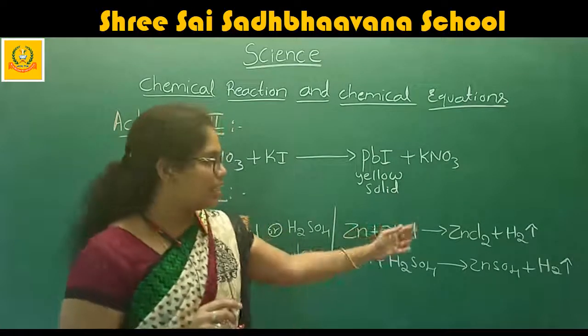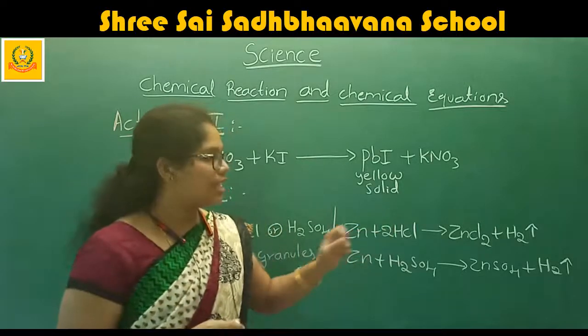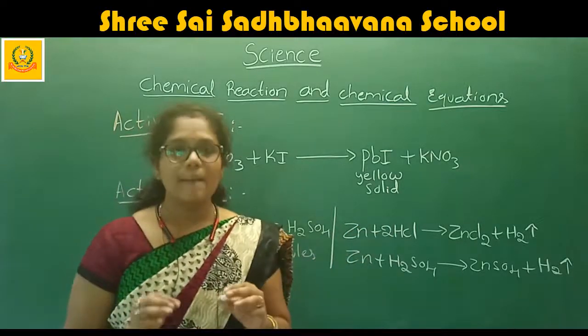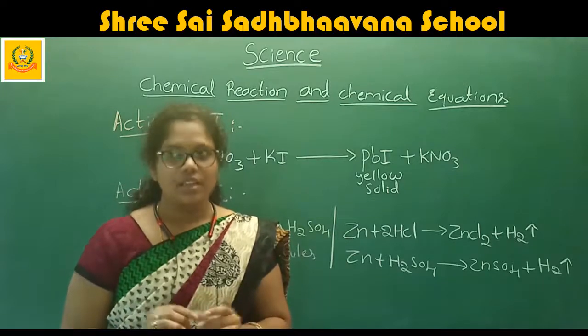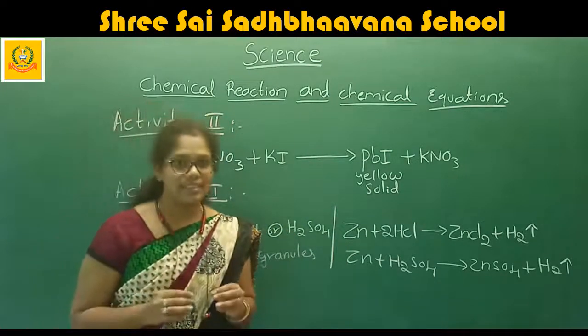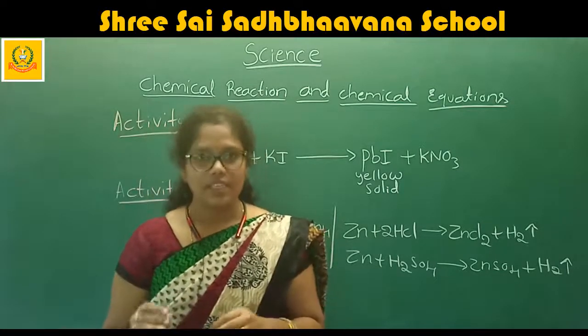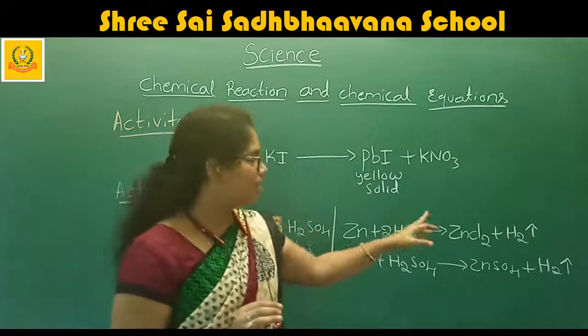When the liberated hydrogen gas is ignited with a flame, you get the pop sound. This pop sound tells that the liberated gas is hydrogen. This is one of the experiments to identify the liberated gas.